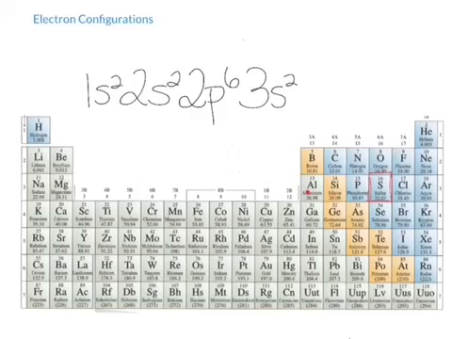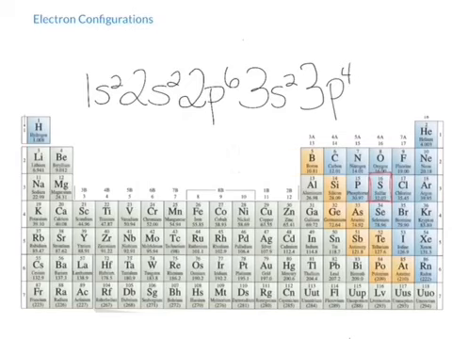See how we came across the periodic table and quote-unquote filled up our subshells by just counting how far over it is from the left. So we have 1, 2, 3, 4 electrons in that final p subshell. So then our electron configuration gets rounded out, accounting for the last 4 electrons by writing 3p4.